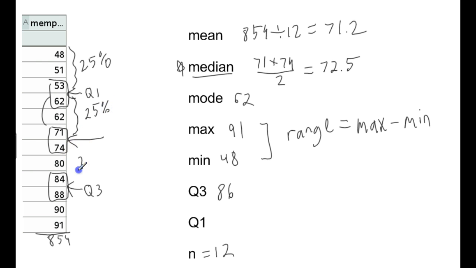Again, between these two, 25% of the data. So this median really splits it up. If you think about it, 50% of the data is on one side of the median, and 50% of the data is on the other side of the median. So we're really separating this data into equal chunk sizes here. And that's part of what this 5-number summary does for us.